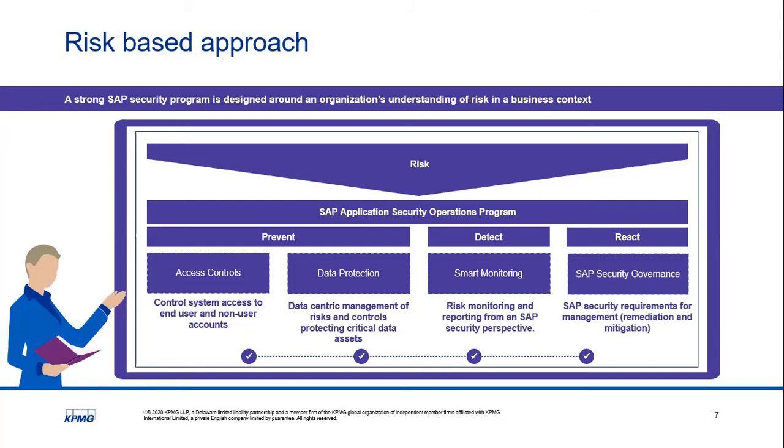Then under detect, there is smart monitoring. This is targeted monitoring of security risks to identify potential violations and understand their impact both operationally and from a regulatory compliance perspective. And finally, we have react, which is the remediation.